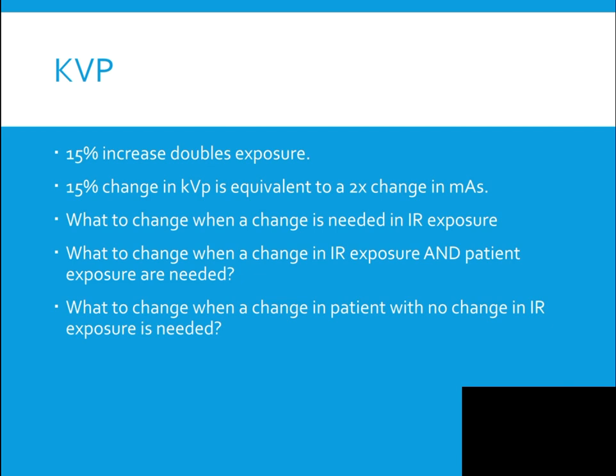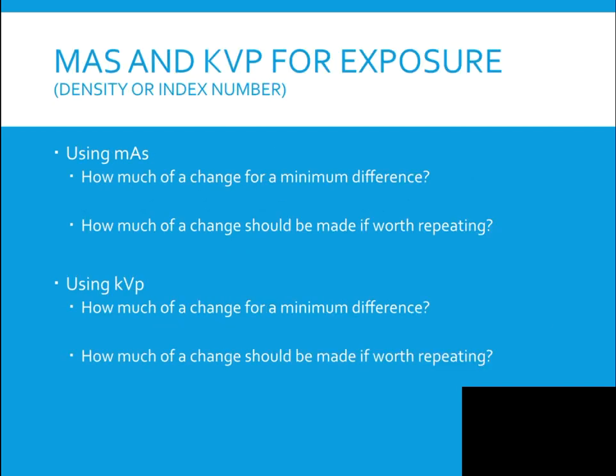So if you need a change in patient exposure with no change in image receptor exposure, then what you use is truly your 15% rule. You increase your kVp by 15% and you reduce your mAs by a factor of 2. That's your 15% rule.